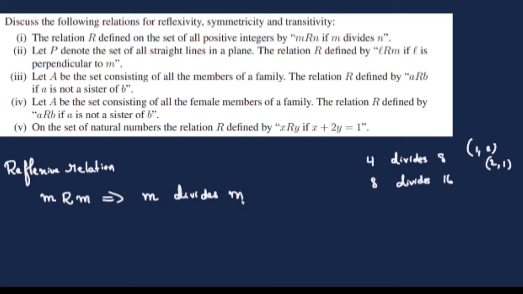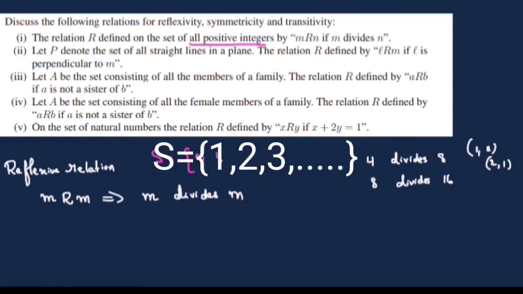So M divides M. Any number you take, the relation R is defined on the set of all positive integers, 1, 2, any positive integer, it will divide itself, isn't it? 1 divides 1, 2 divides 2, right? That means the relation is reflexive.